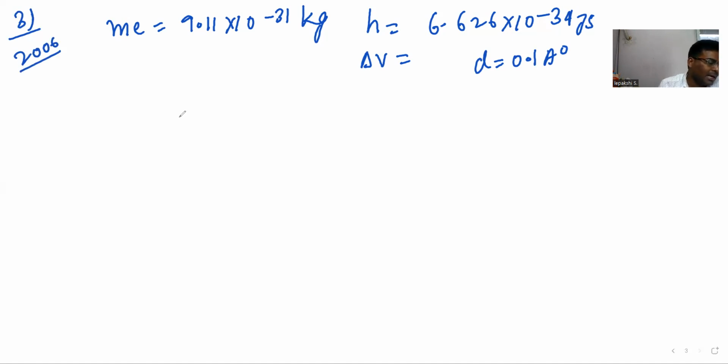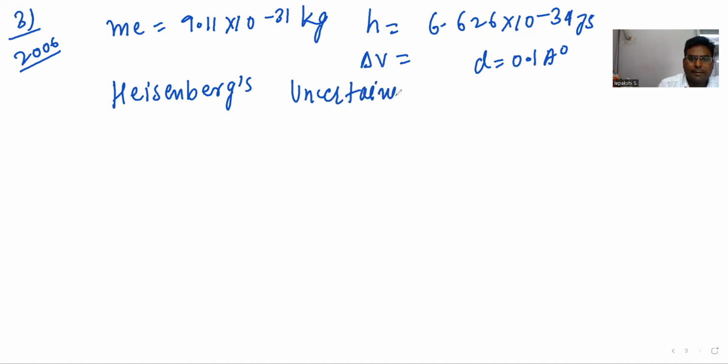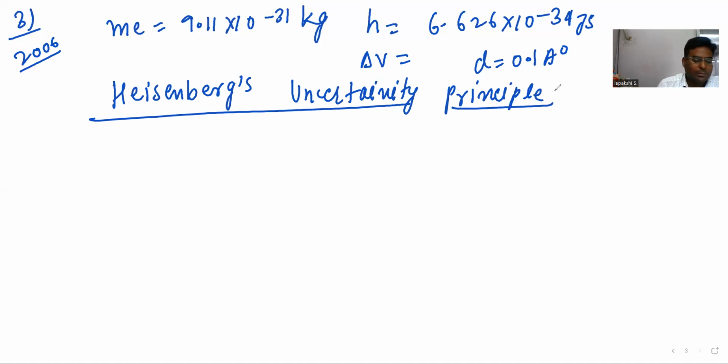So let's see the explanation. Use the Heisenberg uncertainty principle. We know the formula of the Heisenberg uncertainty principle: delta x into delta p is equal to h upon 4 pi.